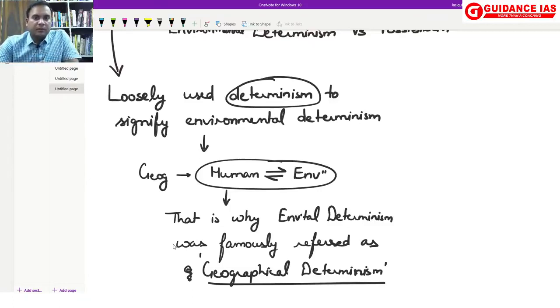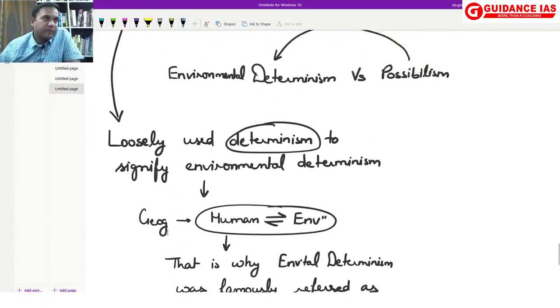So whenever we are using the word determinism, normally in geography, it would refer to environmental determinism. Particularly when we are talking about possibilism, possibilism is always comparative with environmental determinism. ठीक है, अब आगे देखो इसमें.